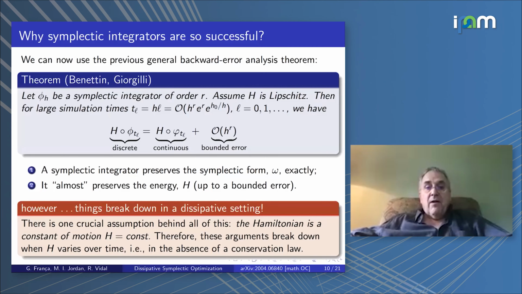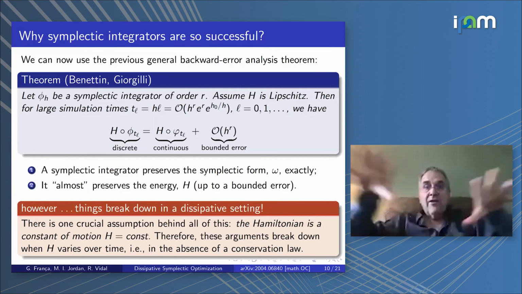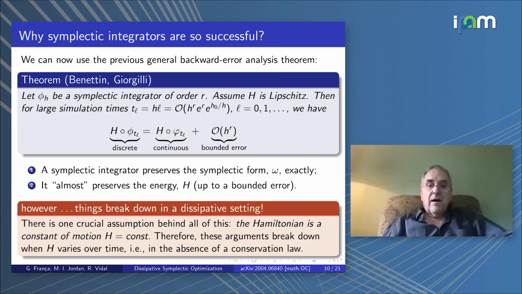And the error bound is explicit, and the simulation time T sub L, if you plug in typical constants for the order R and the step size H, can be very large. And so you have a theory that says why symplectic integrators can allow you to take very big steps and still have a small error. So this is related to but different from the notion that you have a conservative system.